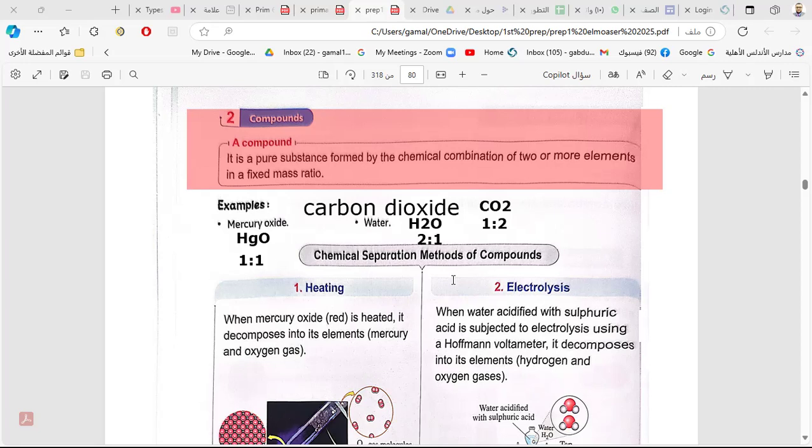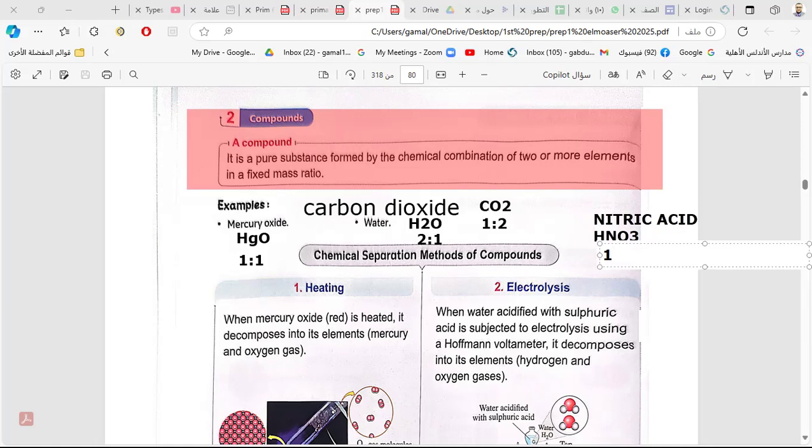For example, another example, nitric acid, HNO3.